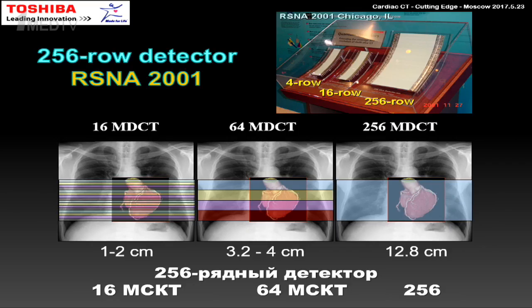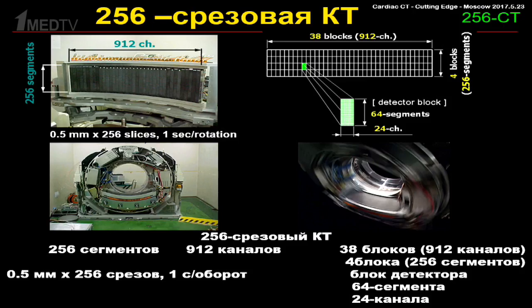with this dinner. So Toshiba presented the 256 row detector in 2001 at the Radiological Society of North America meeting, and I had a chance to use the prototype machine.